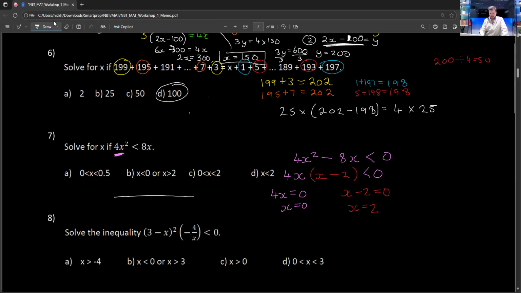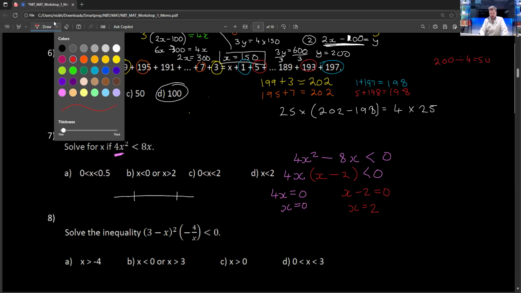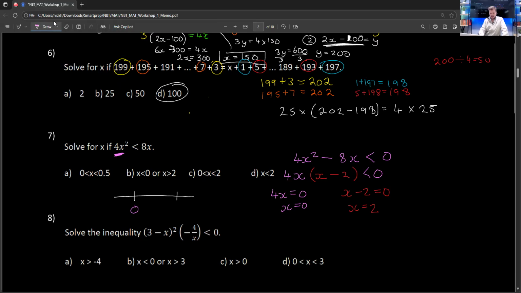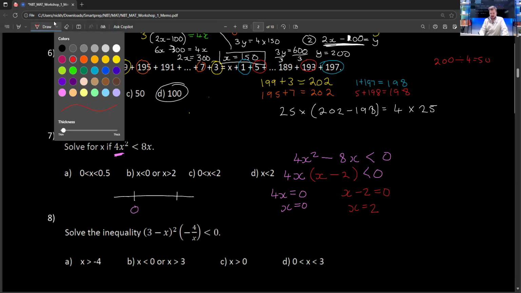So our number line here and here. Remember, our number line goes from negative and then gets to 0 here. I'm going to put the 0 in pink, and then it would go all the way up to 2.